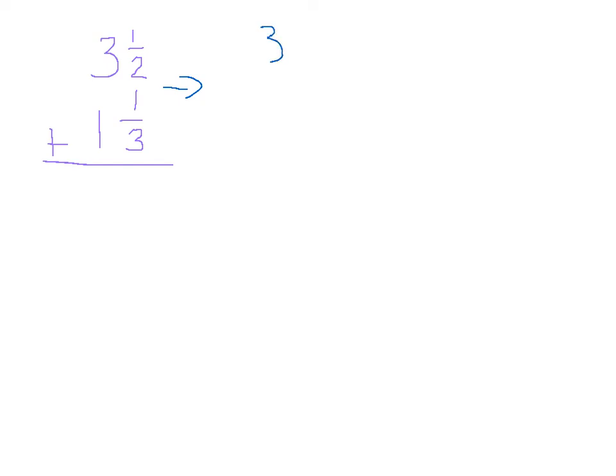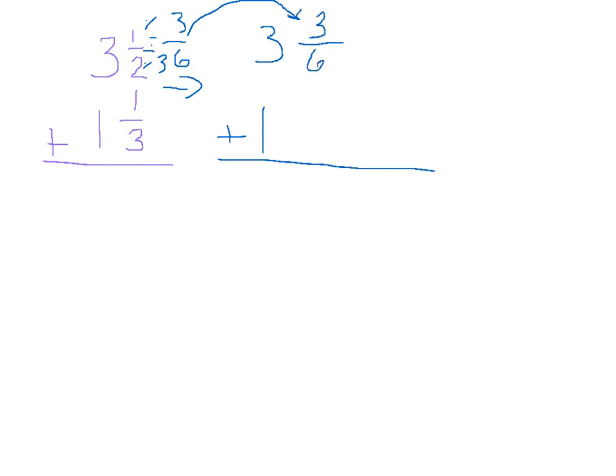What I want to do, I'm just going to put down my whole numbers, all right? I'm going to leave those there. We'll come back to those in a couple of minutes. I'm just going to convert these two fractions. I know 2 and 3 can be multiplied together to give me 6. I know that 2 times 3 equals 6, and I know that 1 times 3 equals 3. So I'm going to move this fraction over.